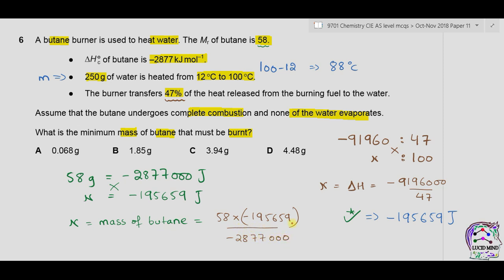So the mass of butane that gives this much energy comes equal to 3.94 grams. Therefore answer is C.